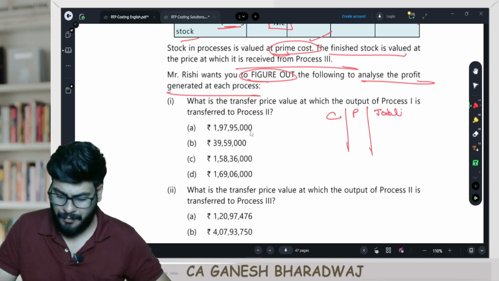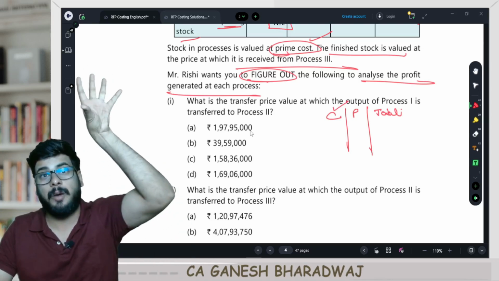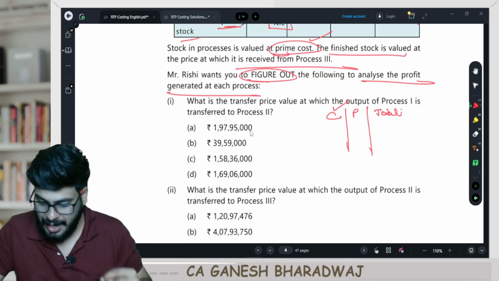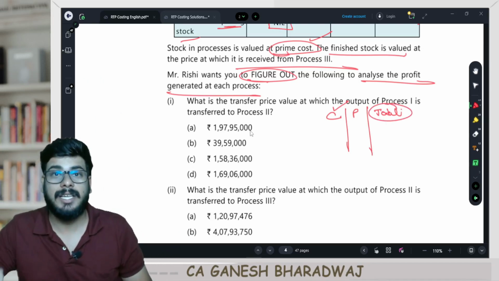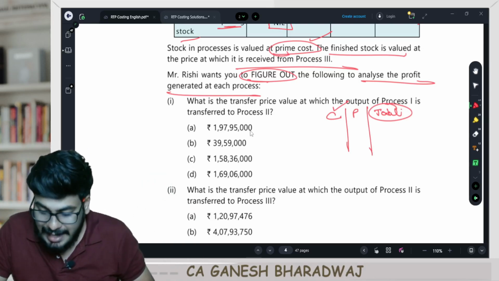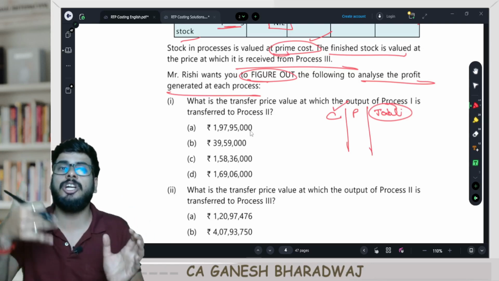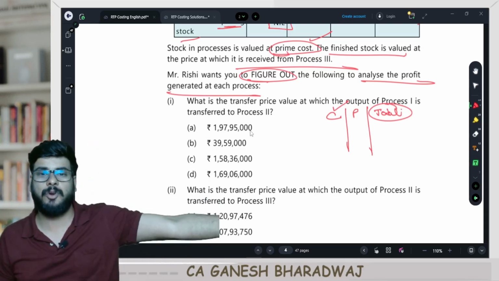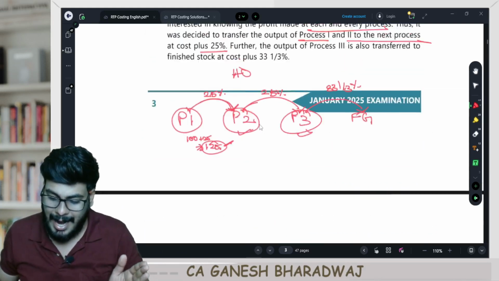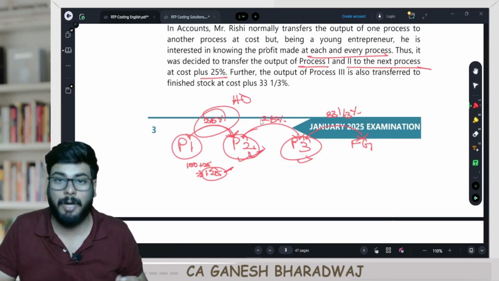This cost is cost from the perspective of the company, not from the perspective of that particular process. Whereas the total column is actually the cost from the perspective of that particular process. In other words, inside every single line item, the breakup of cost and profit is not known to the other process. The previous process, process 1, is transferring its product to the next process at a markup of 25%. This markup detail is not known to process 2.